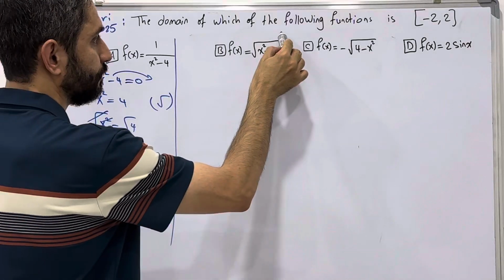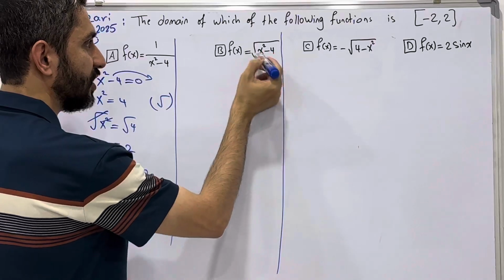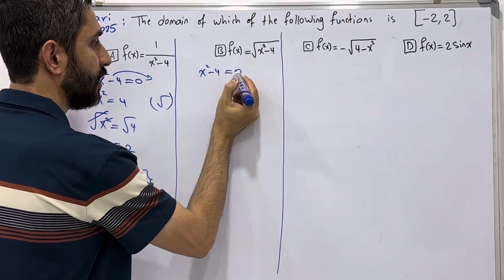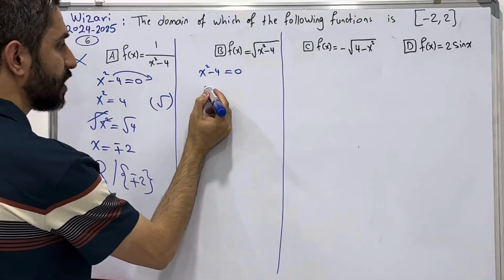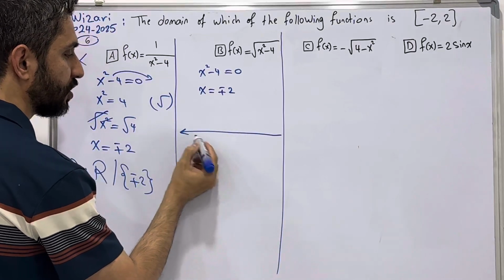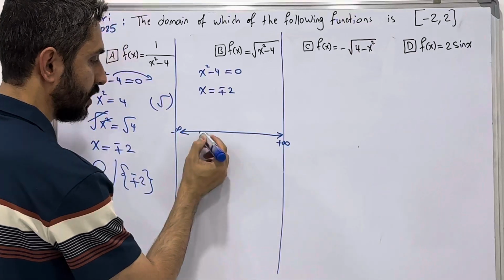What about this one? This is a square root function, make underneath the square root 0. This is similar to this one, so x will be positive, negative 2. Put both numbers on the number line. This is negative infinity, this is positive infinity.